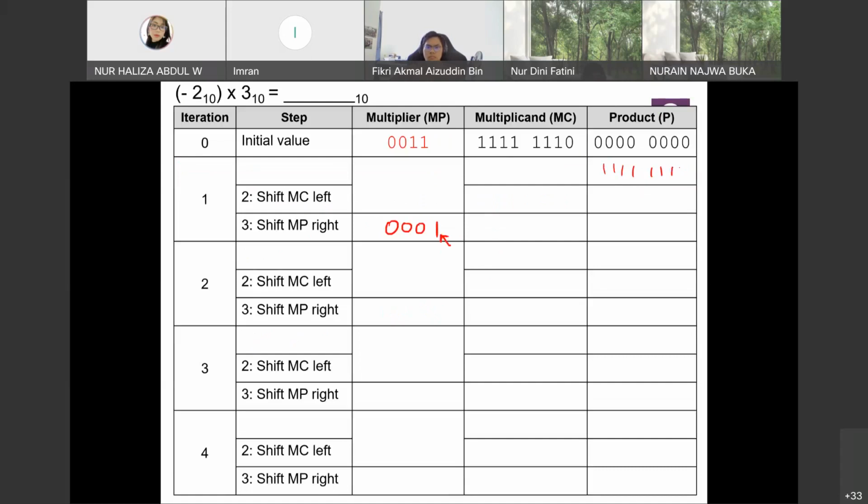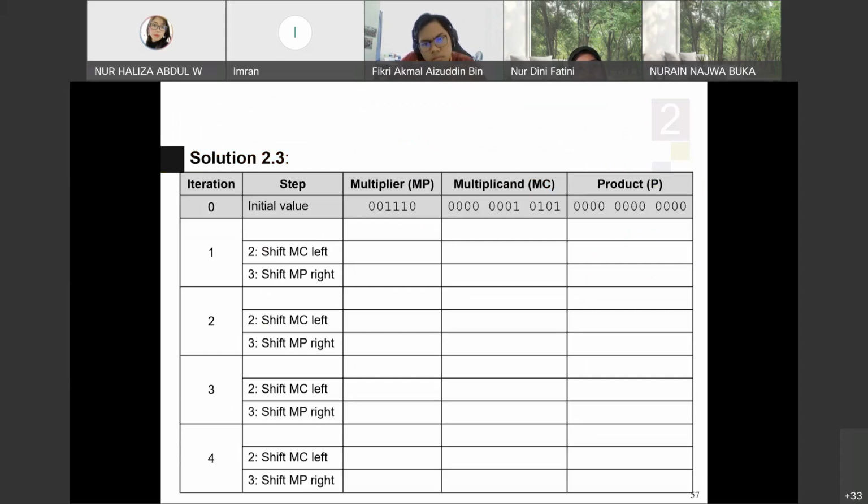This is the one that I mentioned just now. You add this P with your MC. Your MC currently is 1111 1100. Then you add to get the answer here, 1111 1100. Try to add, then you get the answer. Please try to do it. Later on, I will give you the solution.